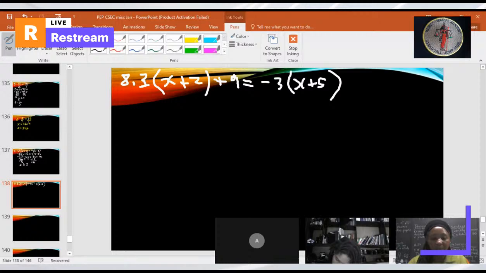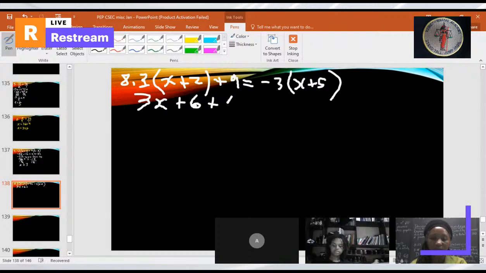Okay, Madam Imani, let's continue. First, we're going to work the brackets or use the distributive law to solve them. So 3 times x is 3x, and 3 times positive 2 is positive 6. So we're expanding using the distributive law, and we'll write back the 9.